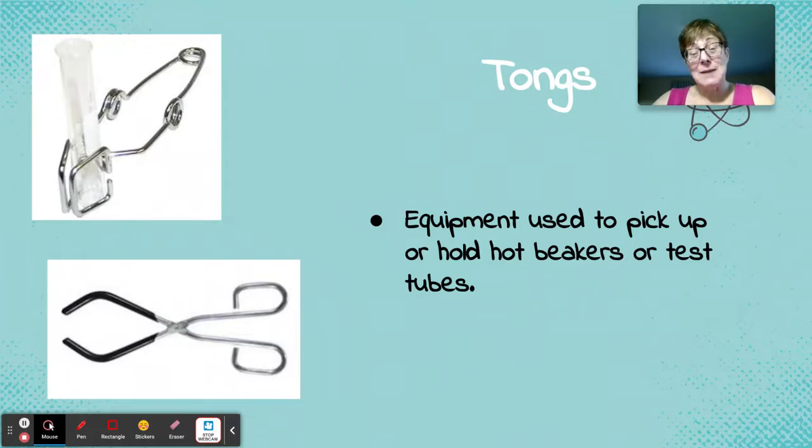In science labs, we don't generally use pot holders like you do in a kitchen. But in a kitchen, you would use a pot holder to move something that's hot from place to place. In a science lab, we don't use those because oftentimes these test tubes are too small to get a good grip with a pot holder. So we use these holders here.